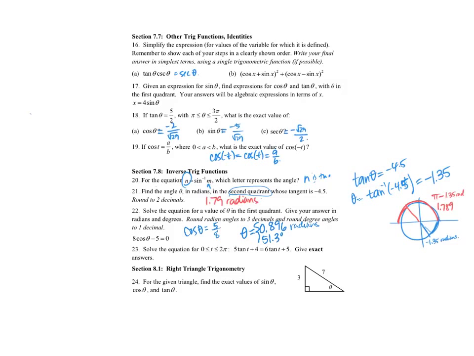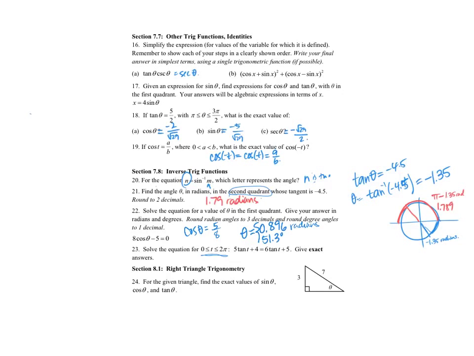Okay. Number 23 says solve the equation, again, between 0 and 2 pi, so we're going to probably solve this in radians. And it gives me that equation there. What I'm going to do is move everything that has tangent on it to one side and all the constants to the other side.